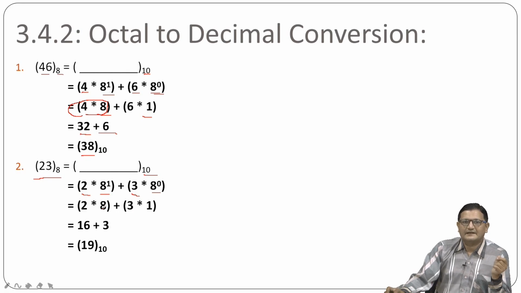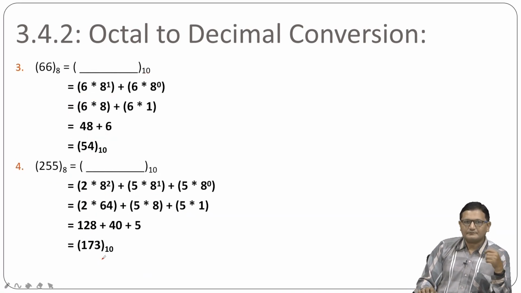Now, 8 raised to 1 is 8, and 8 raised to 0 is 1. 2 into 8 is 16, so we write 16, 3 into 1 is 3, so we write 3 here. 16 plus 3 makes 19. So 19 is the decimal form of octal 23.